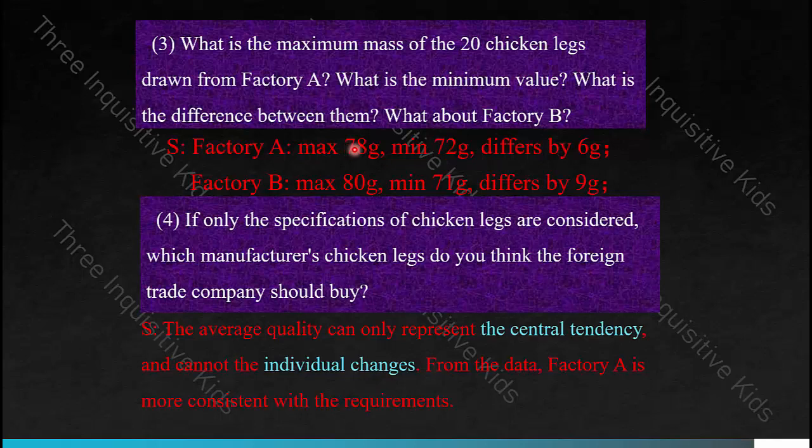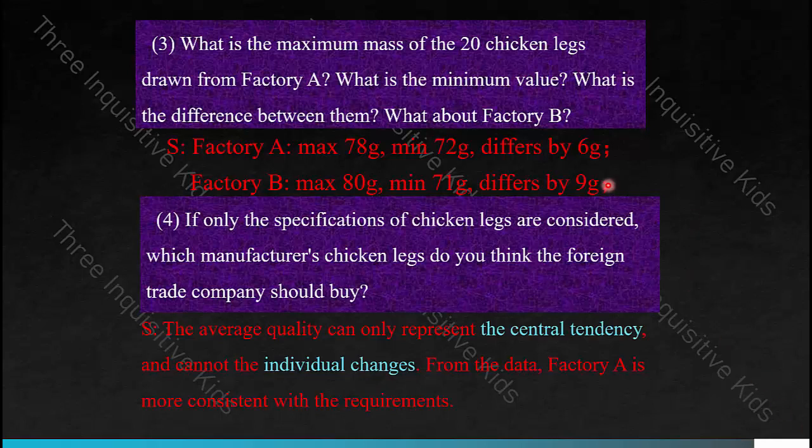So by first selecting a random set of data from a large pool of data, and we take the largest value and the smallest value and we find their difference, the one with the smallest differences means that they are closer to the requirement. Because here, Factory B has a larger chance of differing by, say, 9 grams.